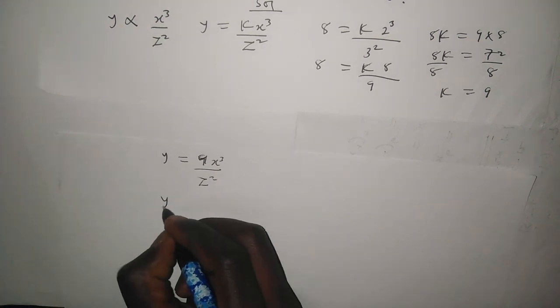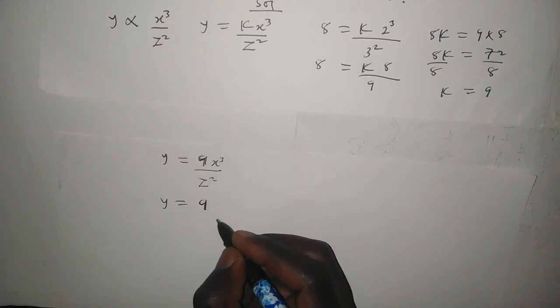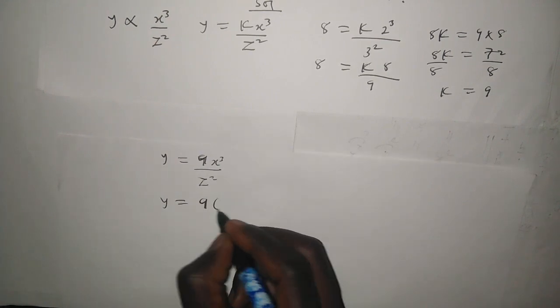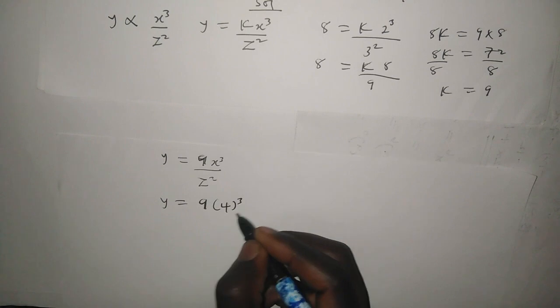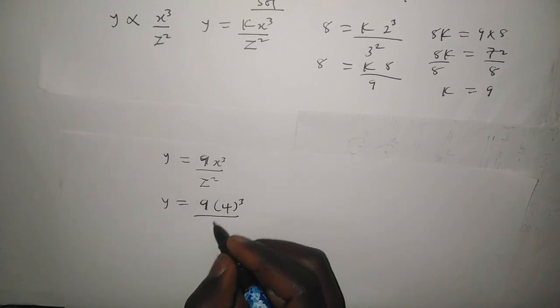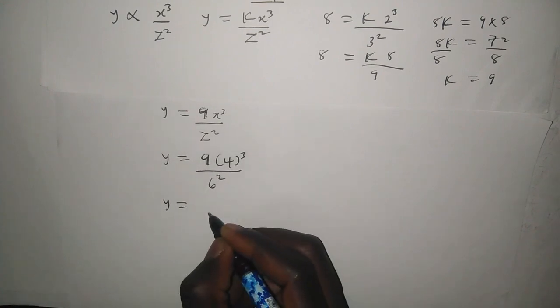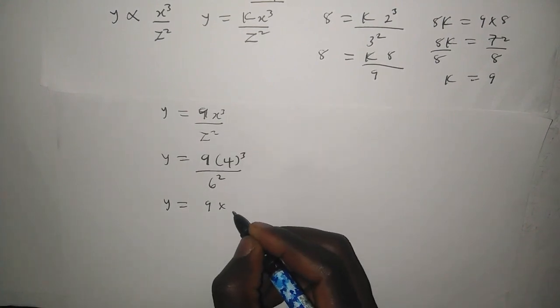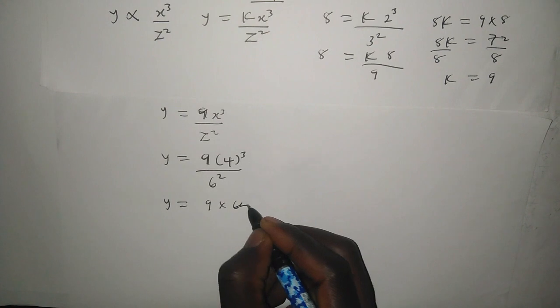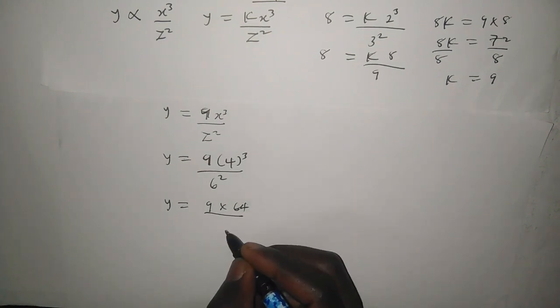Now the question says, what is the value of y when x is 4 and z is 6? So y is equal to 9 times 4 raised to power 3 all over 6 raised to power 2.